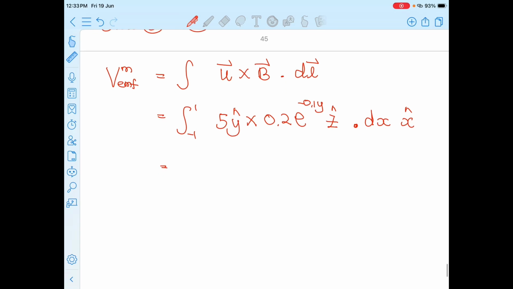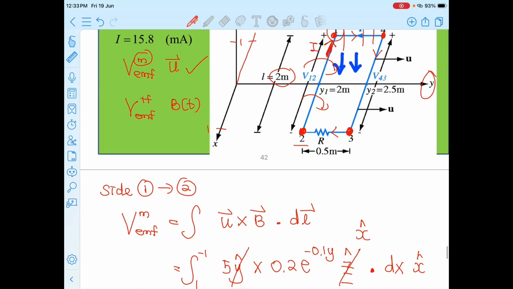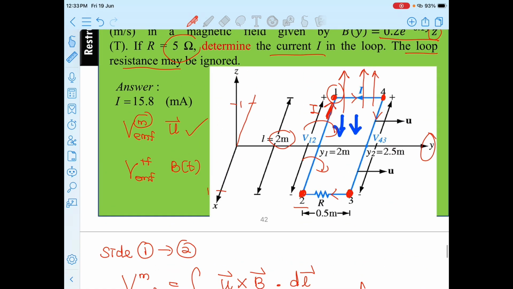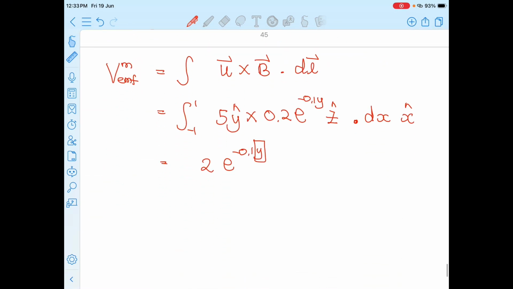Basically you will get the same thing as for side 1 and 2: 2 e^(-0.1y). This y is the position of side 3, 4, which is located at y equals 2.5.